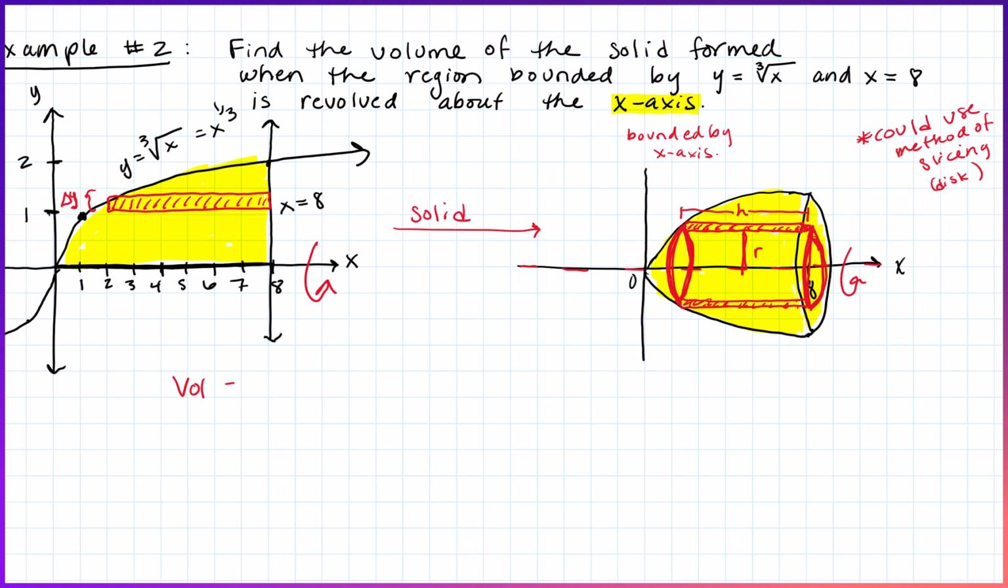So our volume, just as a reminder, when we're going around a horizontal axis and the rectangles that we spin to create the shells are parallel to that horizontal axis, then our volume is going to be the integral from c to d of 2 pi times the radius as a function of y times the height as a function of y dy. So we need to come up with a way to represent our radius as a function of y and our height as a function of y.